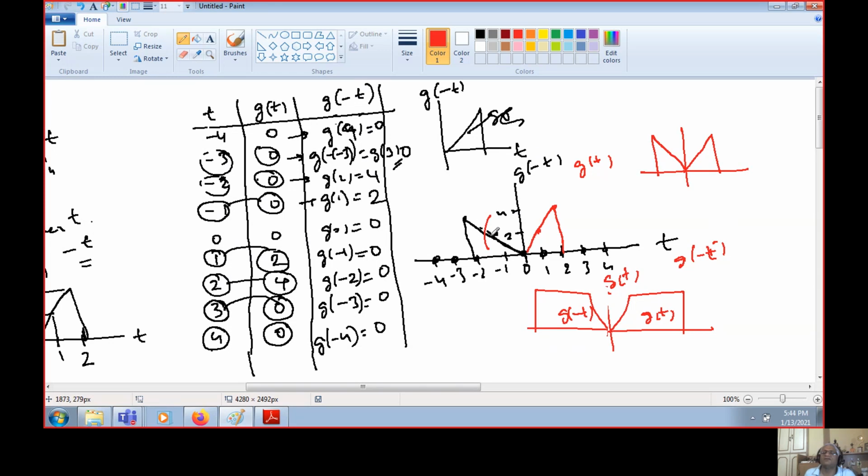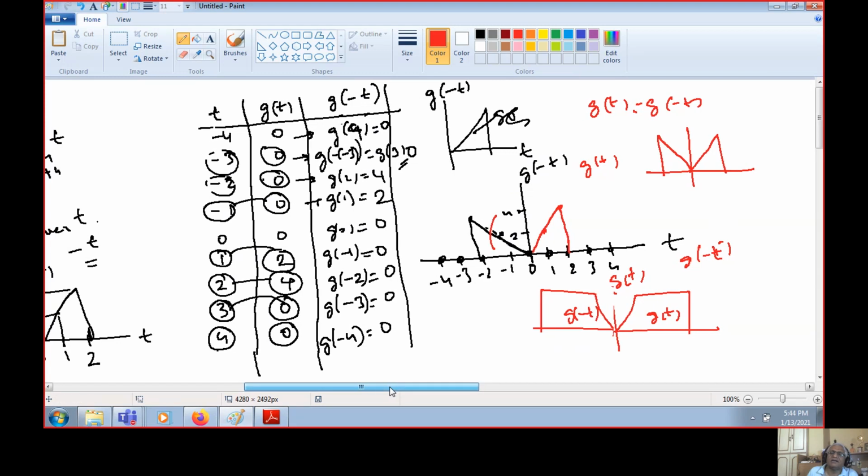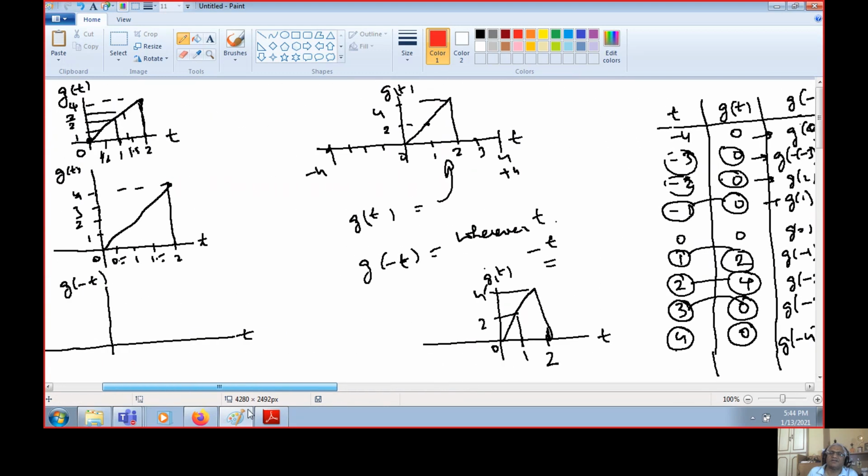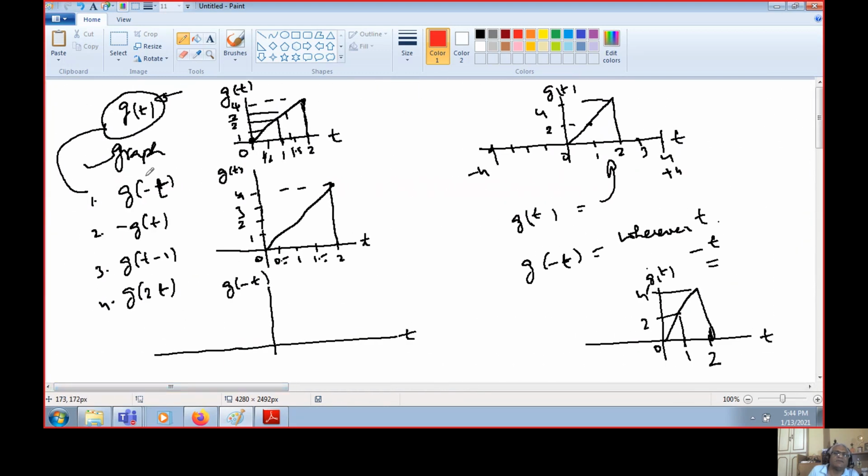After knowing everything, we can quickly tell g of minus t is a horizontal flip of g of t. Is it not? So this is how we can imagine what happens to a function when its time is changed to minus t.